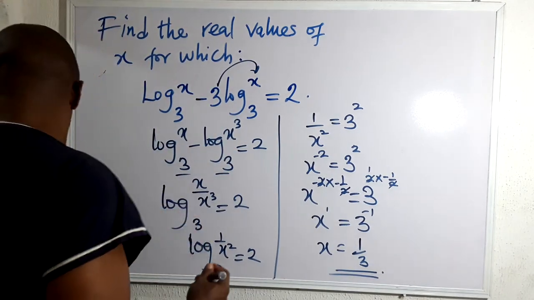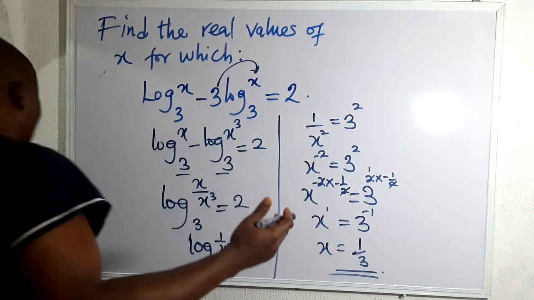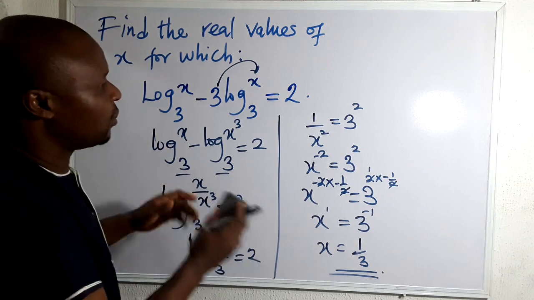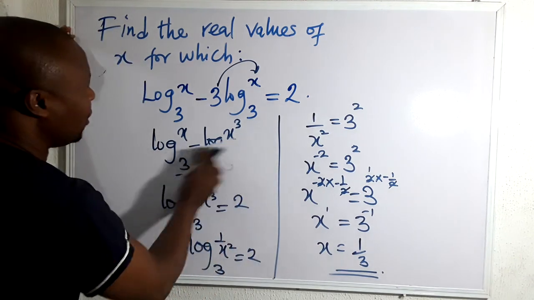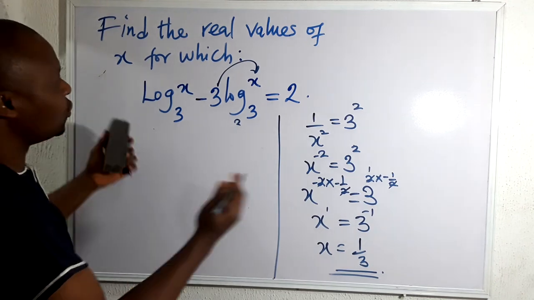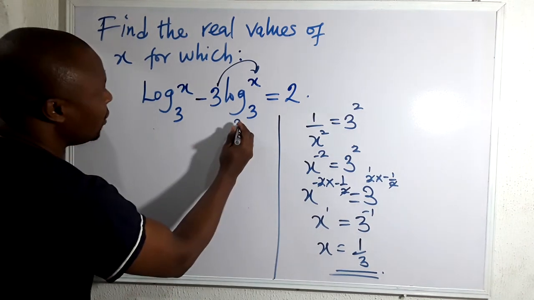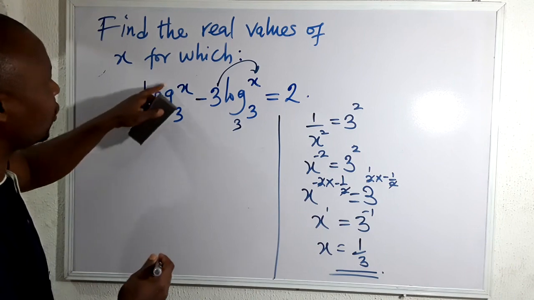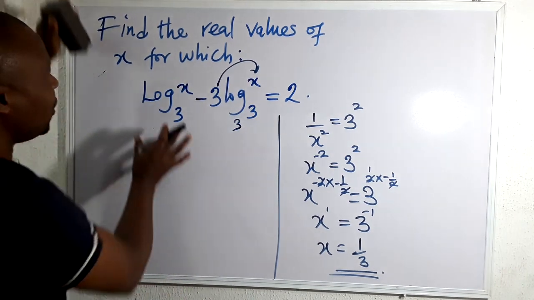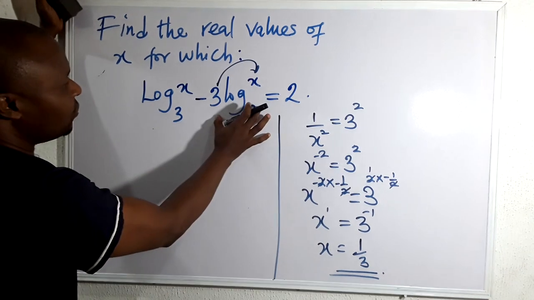But alternatively, we can solve this problem in another way. We go straight by saying this is log 3 to base x minus 3 log 3 to base x. So you have one of this and you have 3 of this.